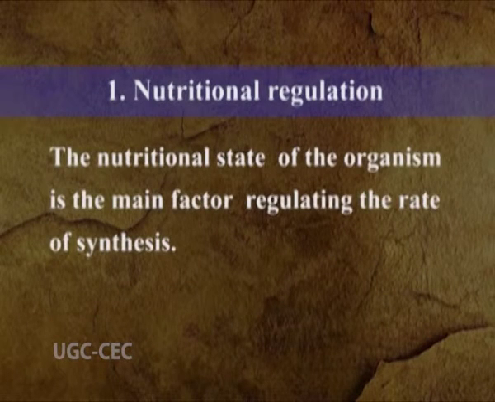The nutritional state of the organism is the main factor regulating the rate of synthesis. Thus, the rate is high in the well-fed animal whose diet contains a high proportion of carbohydrate. It is depressed under conditions of restricted caloric intake on a fat diet or when there is a deficiency of insulin, as in diabetes mellitus.